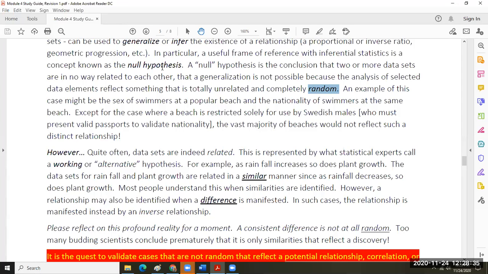And this inferential statistics allows us to prove or disprove what's called that null hypothesis. The null hypothesis, quite simply, is everything's totally random, they are not related.